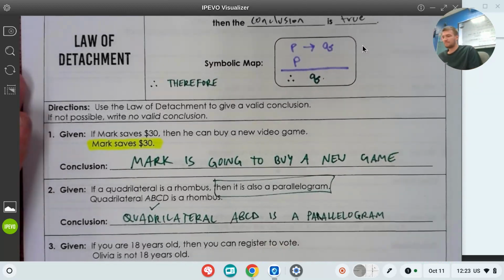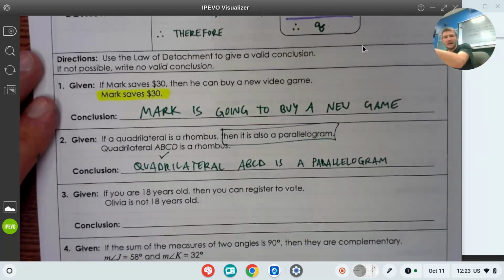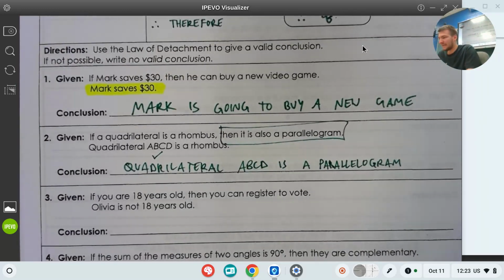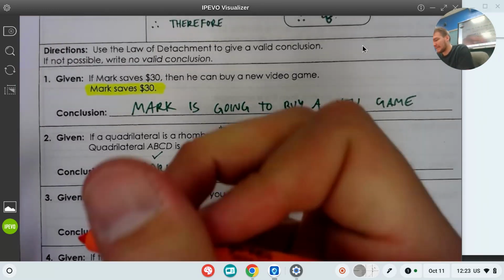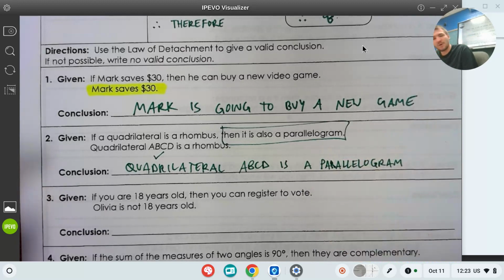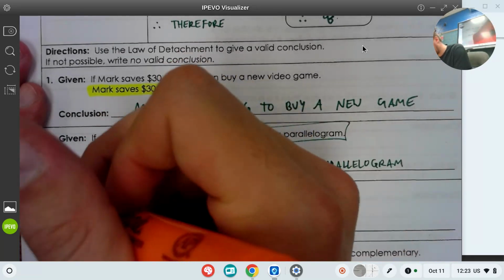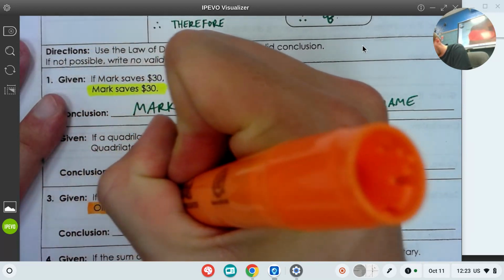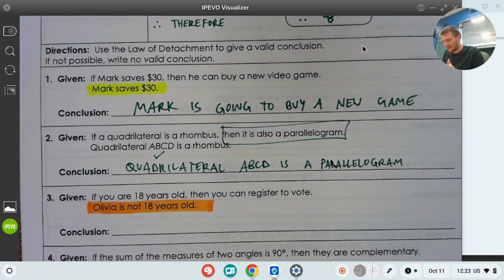Yeah. Sure. So, if I look at number 3, here's where we're going to see something a little bit different. If you are 18 years old, then you can register to vote. However, what does it say? Olivia is not 18 years old.